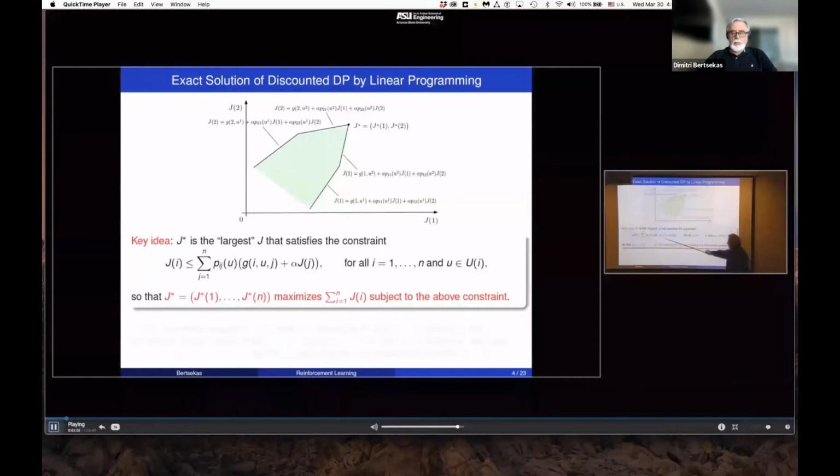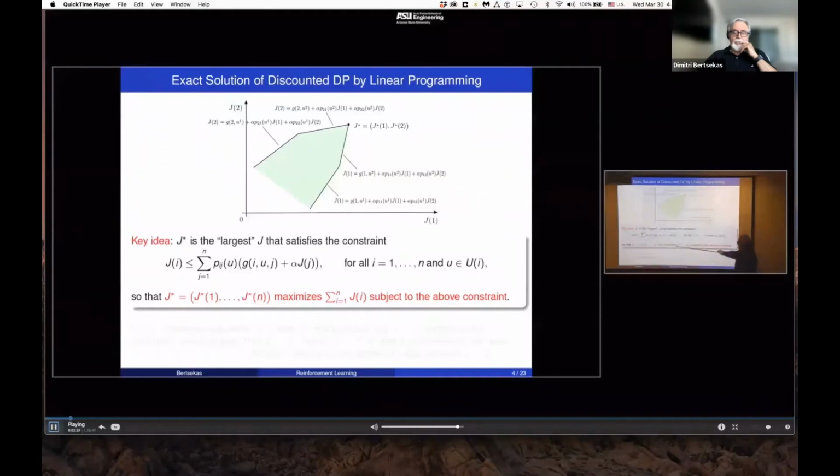So there's a large number of linear constraints that specify a polyhedron in J space. The claim is that J star, the optimal cost vector, maximizes the sum of the components of J. There could also be other positive coefficients here. J star maximizes this linear expression subject to these linear constraints. So J star can be obtained by solving this linear program, according to this claim.